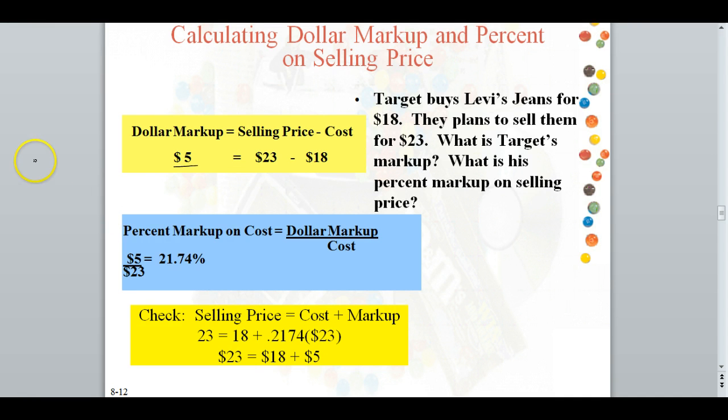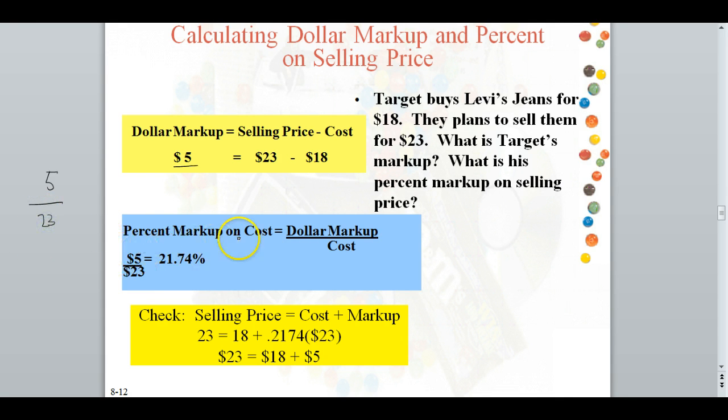All right, let me go over that again. I was reading that and it doesn't look right to me. So they're asking for the percent markup on selling price, but yet they're showing percent markup on cost. So that would not be correct here. So we want to see the percent markup on selling price. So our problem then is we're still going to be over $5, but instead of the $23, oh no, they did it right.